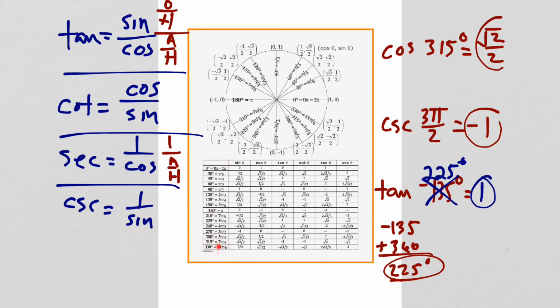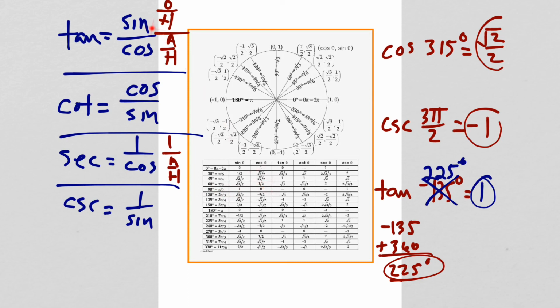One last side note down here, it's very small. On this chart, these 3 lines are undefined. That's just because you would be dividing by 0. For example, the tangent of 90 degrees would have been the sine of 90 degrees, which is 1, divided by the cosine at 90 degrees, which is 0.